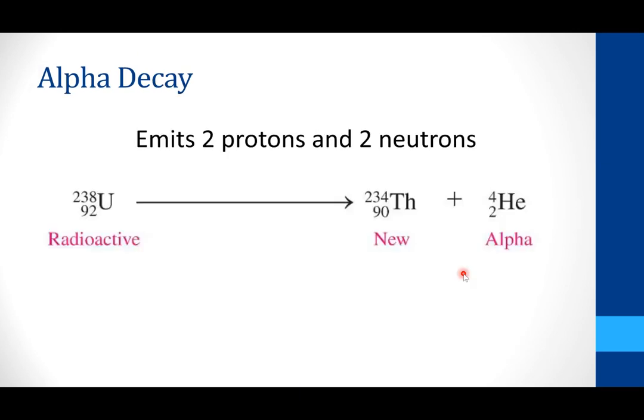So here is a nuclear equation. This is something that you guys are going to have to write out for me in the coming homework and quizzes. Here is our original element, uranium-92. This was the unstable element.